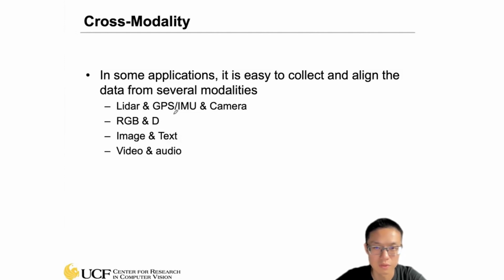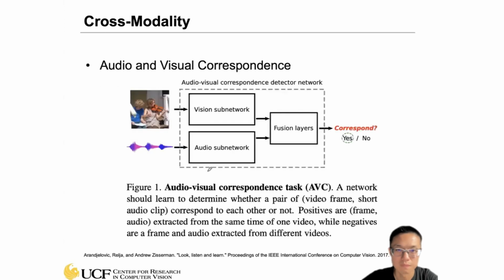I don't know if you guys played with the Microsoft Kinect. It was a long time ago, but that camera is able to produce RGB and depth information at the same time. And also in videos, you have the appearance and also audio information. So they have this one-to-one correspondence.